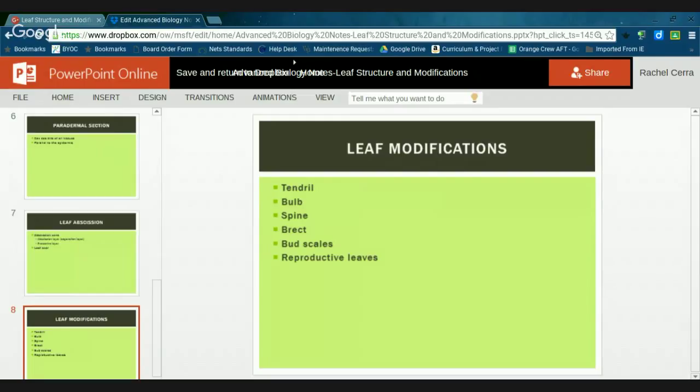So, okay, a bract is the next one. I didn't draw you anything on that one as I'm looking here. Yeah, you've got nothing there. So the most common version of a bract, sorry, are going to be poinsettia leaves.